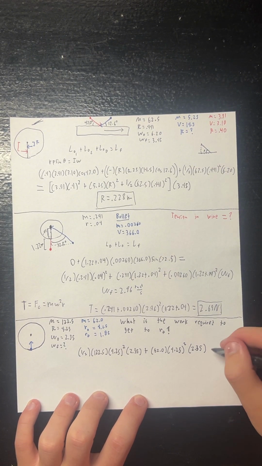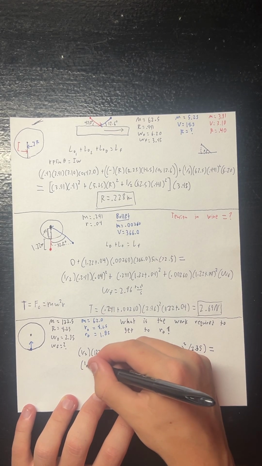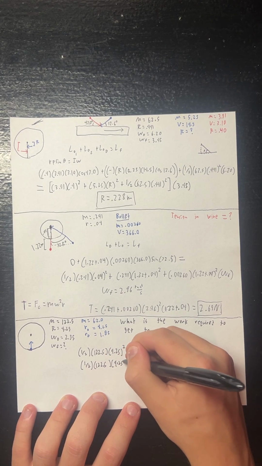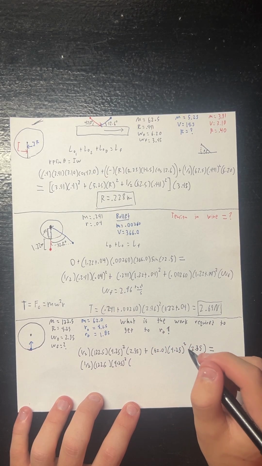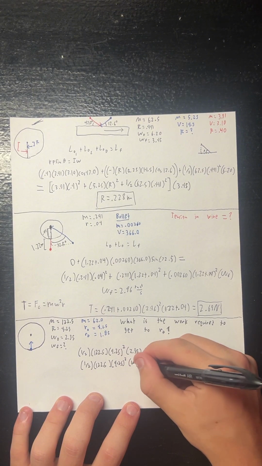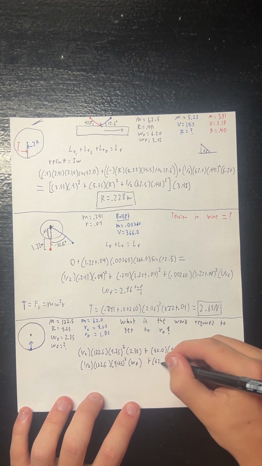So that is our initial, and that is going to be equal to the final, which is going to be 1/2 122.5 times 4.25. The disk doesn't change, times the W final, and that is going to be added to 62.0.